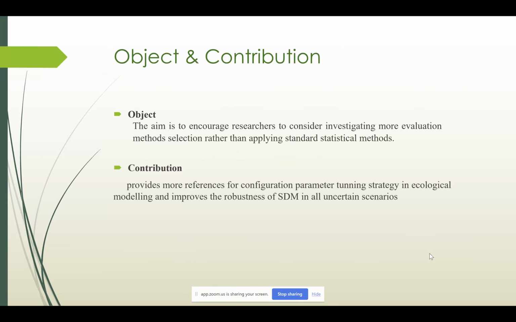So the objective of this research is to encourage researchers to consider more evaluation method selection rather than just applying standard statistical methods. This study also contributes more reference for configuration and parameter training strategy in ecological modeling, and will improve the robustness of SDM in uncertain scenarios.